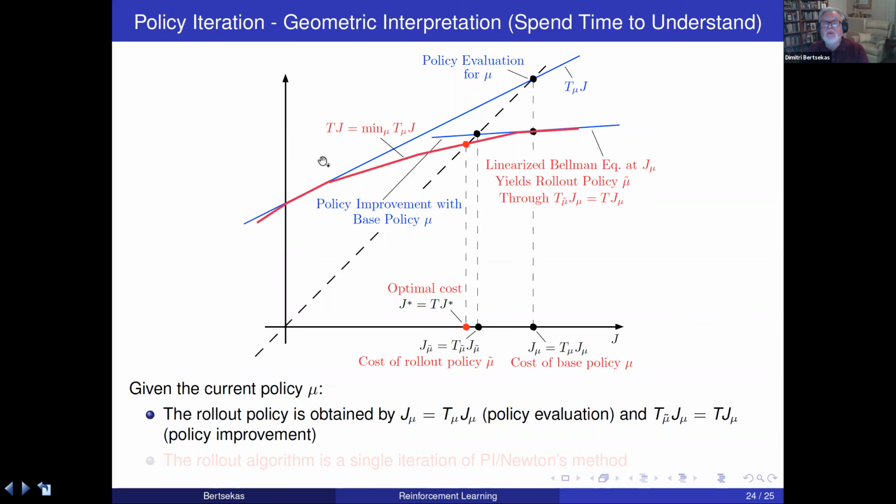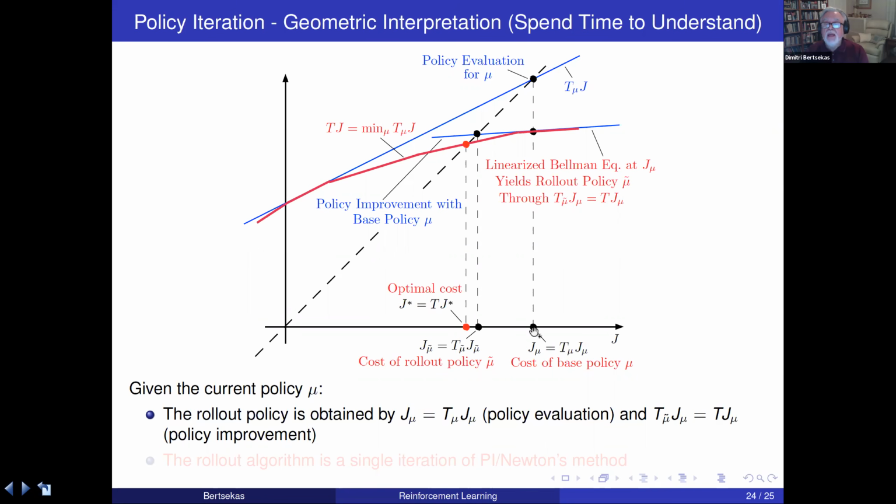Now, suppose you focus attention on a single policy and you look at Bellman's equation for that policy. Then this is a linear equation and it's this blue straight line. And J mu is given at the intersection of this blue line with the 45-degree line. It's the point where J mu is equal to T mu sub J mu.